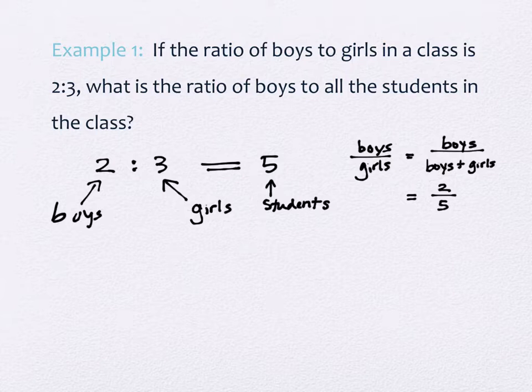So this is 2 to 5 like this, or you can write it in the colon form like this if you prefer, 2 to 5. So we're just moving from one type of a comparison into the other one. And we can move backwards as well.